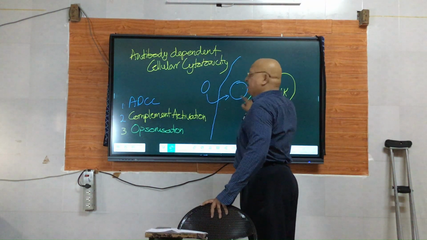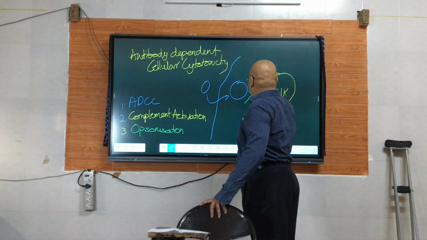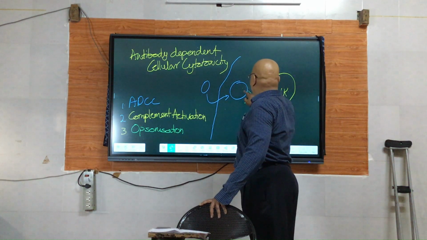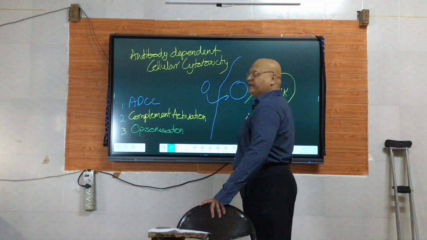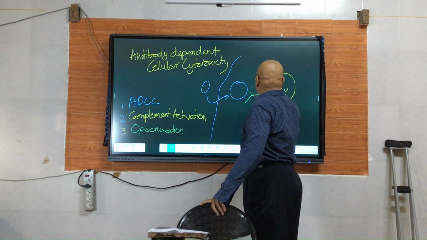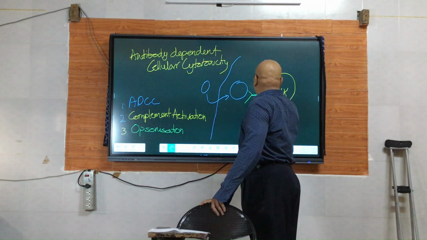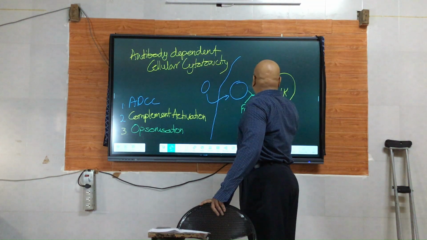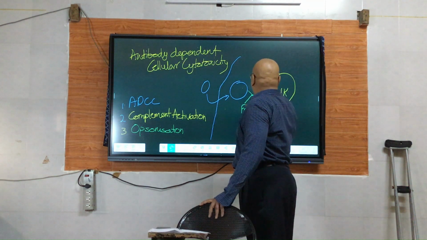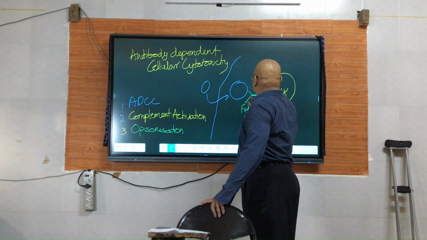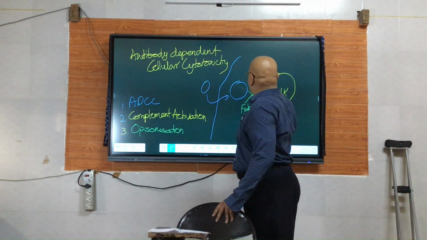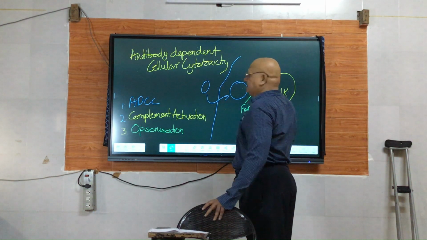Immunoglobulin, through its FAB site, recognizes an epitope on the invading pathogen, and the other site, the FC site of the immunoglobulin, has receptors on the natural killer cell, and it binds here. In this way you can see that immunoglobulin is acting as a bridge between the two.